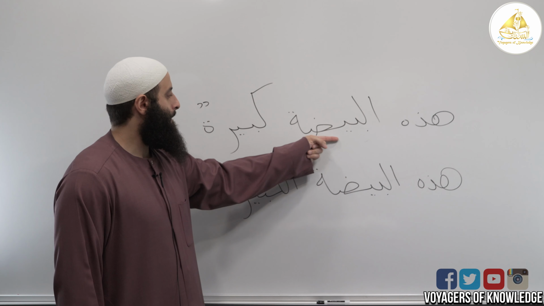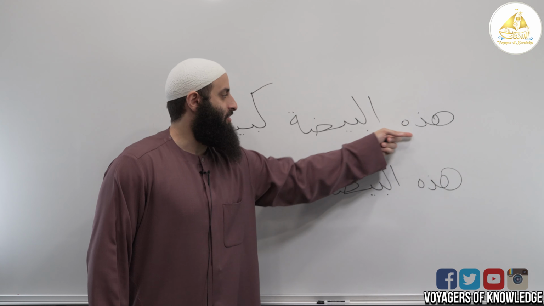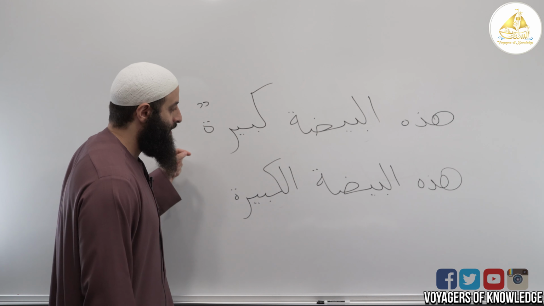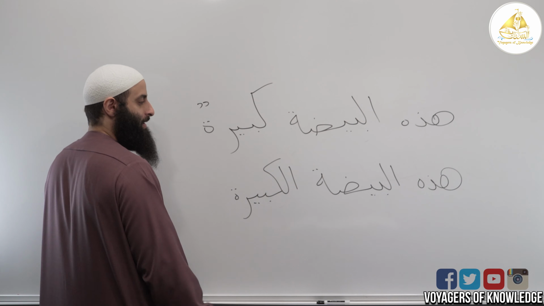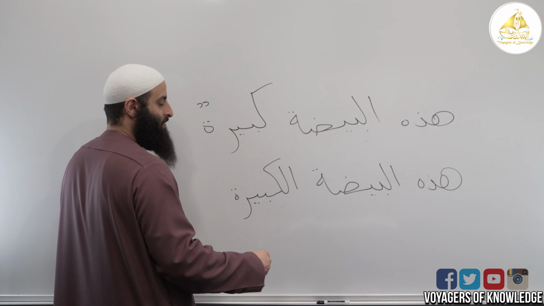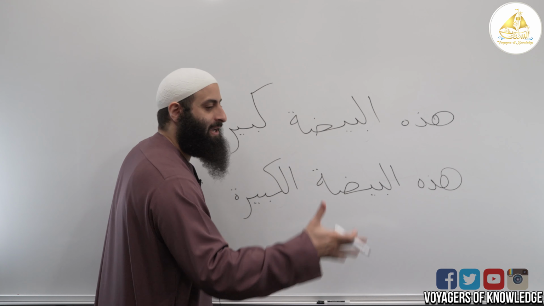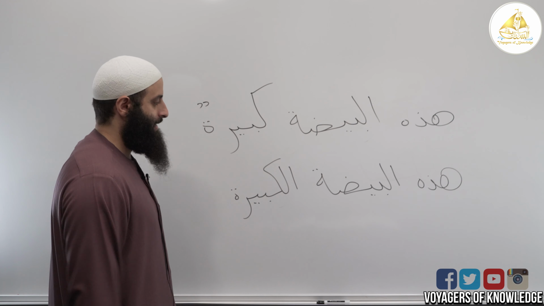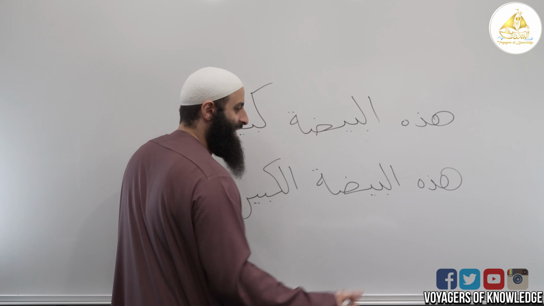This egg, هذه البيضة, this egg is big, is large. هذه البيضة الكبيرة. Now you're describing it. So this one over here means this big egg. All right? Or this is the big egg.